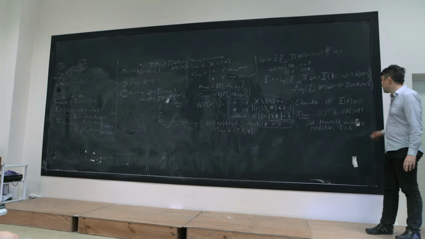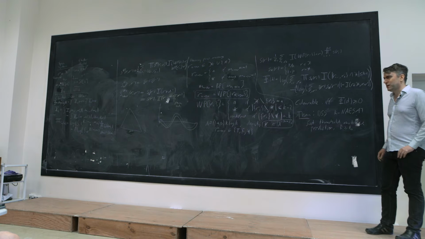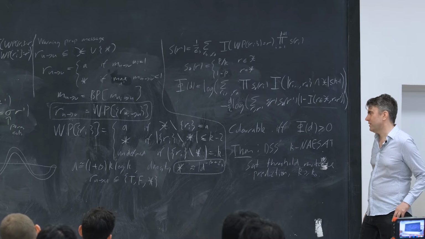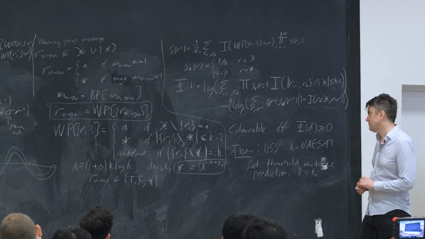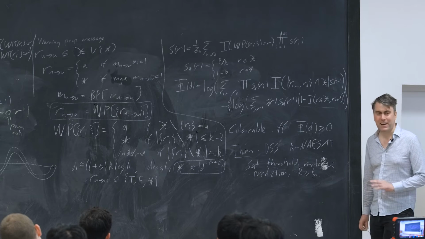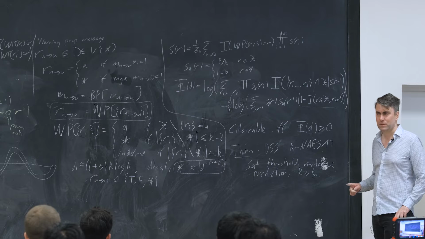So, except on fairly small examples, this would be hard to check numerically. So you just have to believe the theory. The conjecture. Yeah. Good. Any other questions?